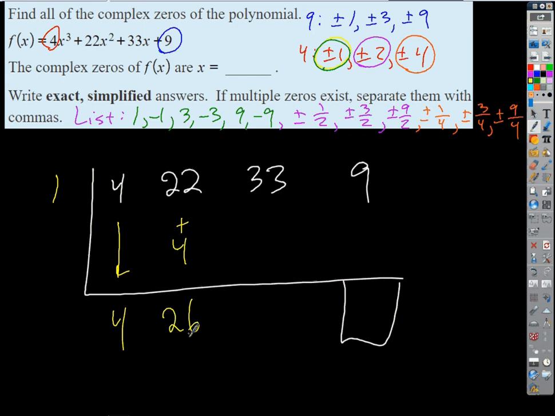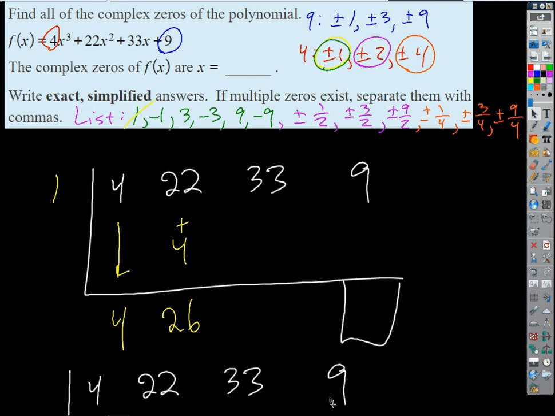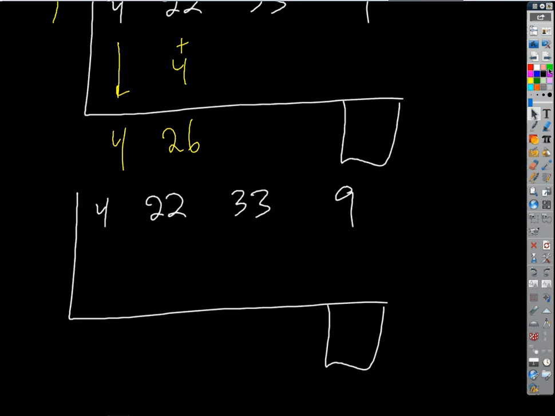Do you see a trend already here? They're just going to keep getting bigger and bigger, aren't they? It's never going to go away. So I could cross 1 off of the list and start over, right? And you can see that this potentially could take a while. It won't, though.